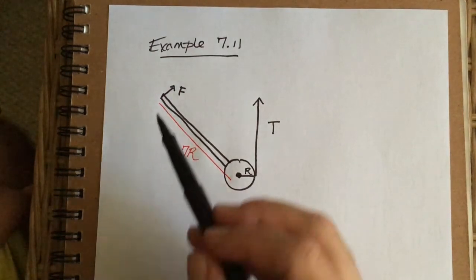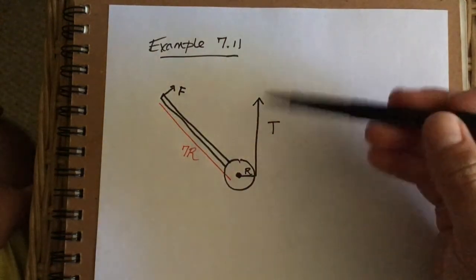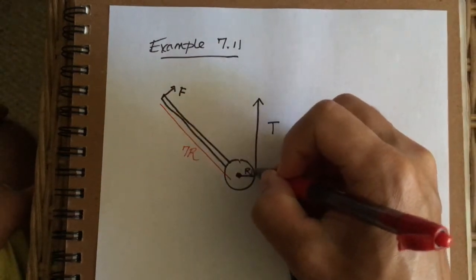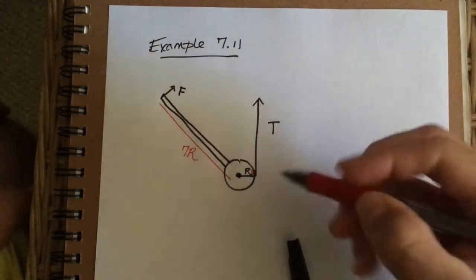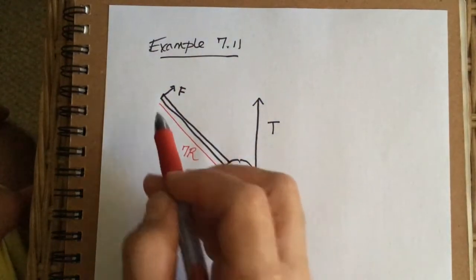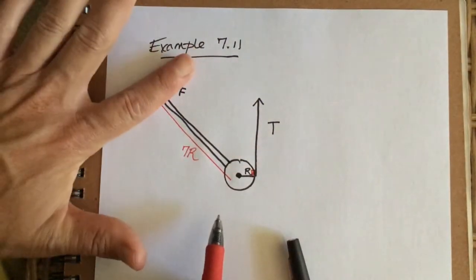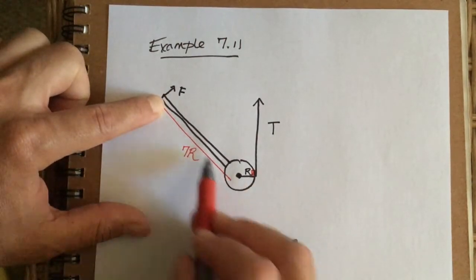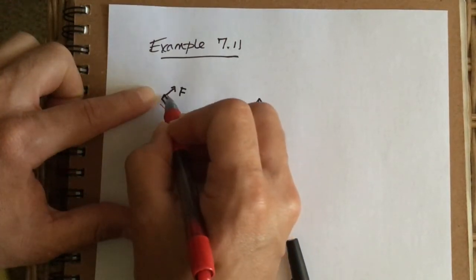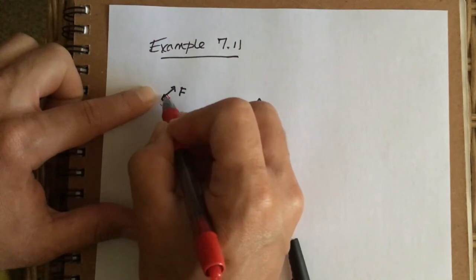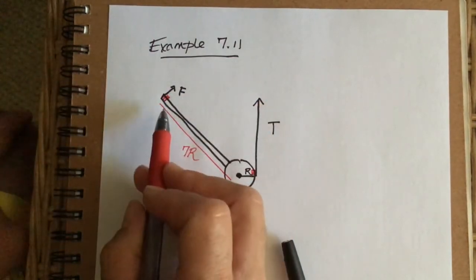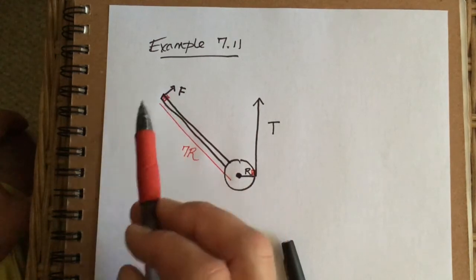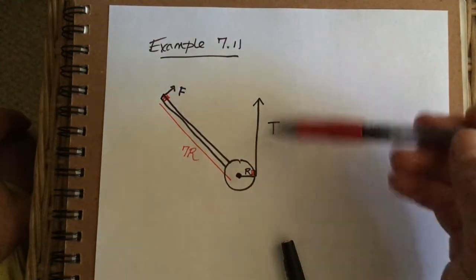In both cases, even though this force is directed this way and this force is directed this way, both are at 90 degrees to the distance from the axis of rotation. Here's a 90-degree angle right here, and right here, even though this one's directed this way, compared to 7r, it is at a 90-degree angle. So this is doing 100% torque, and this is doing 100% torque.